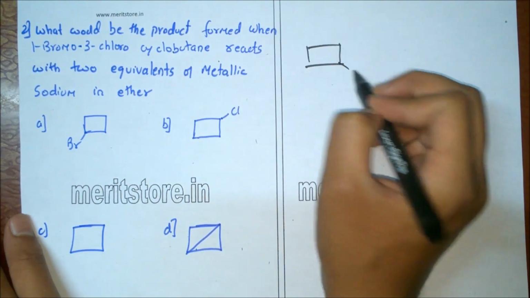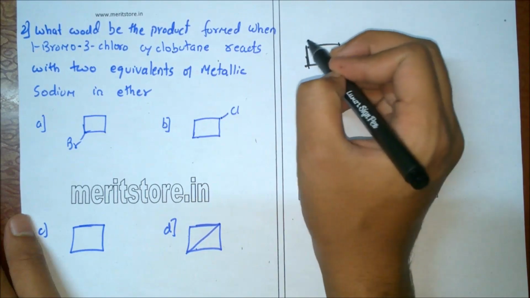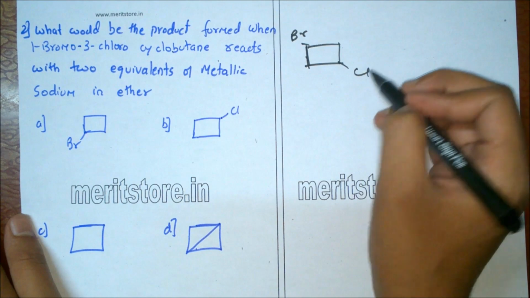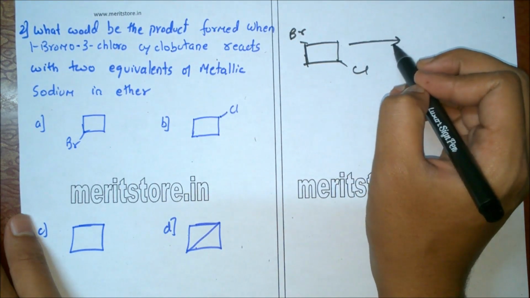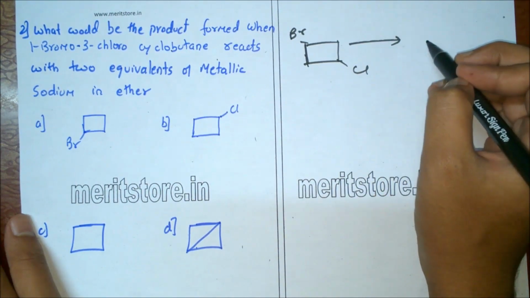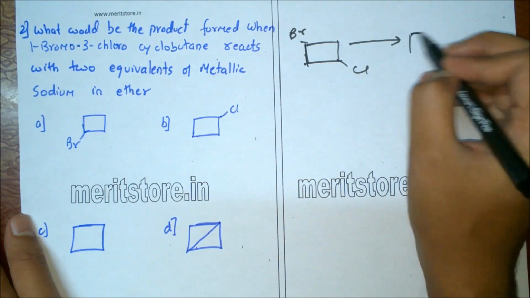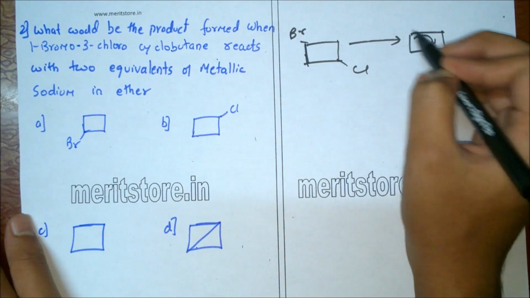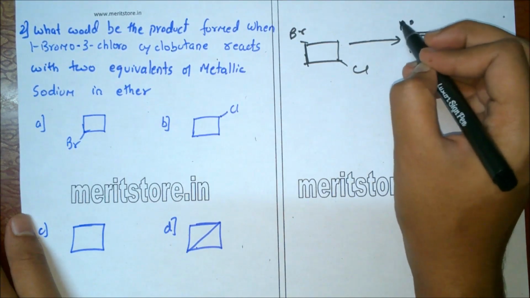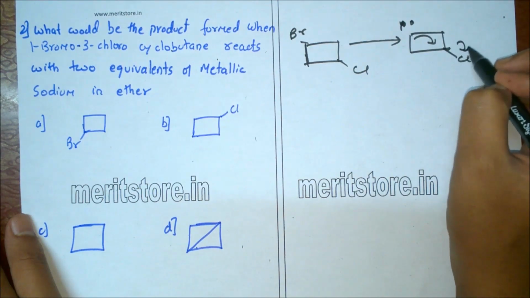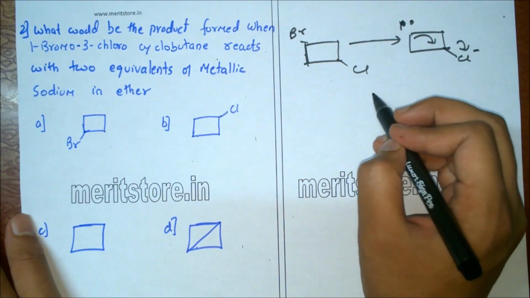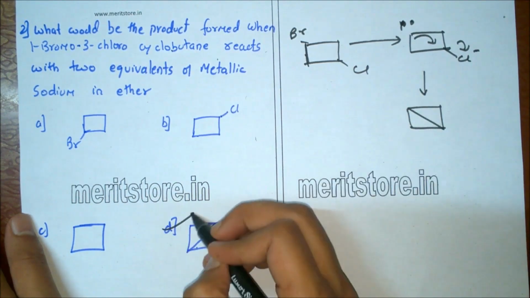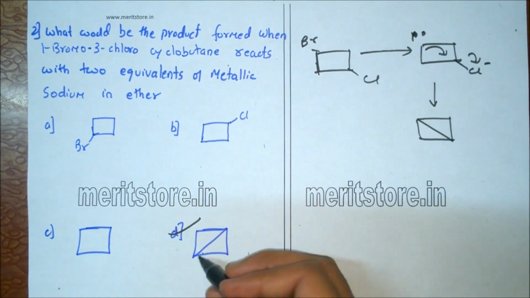So the reactant is 1-bromo-3-chlorocyclobutane, on reaction with sodium and ether will give a compound through an intermediate in which chlorine will withdraw these electrons and the bond will be formed. So option D is the correct answer. The bond is the bridge bond.